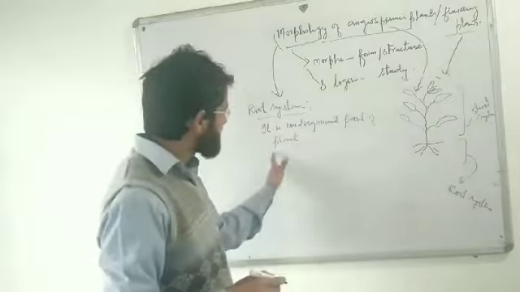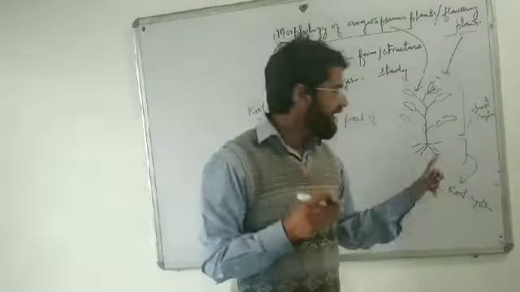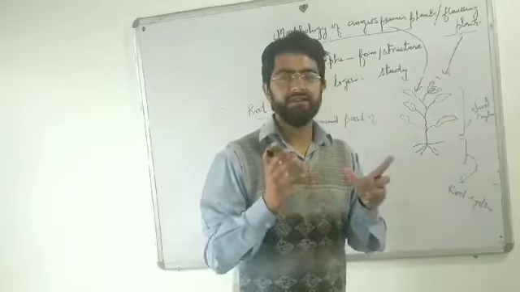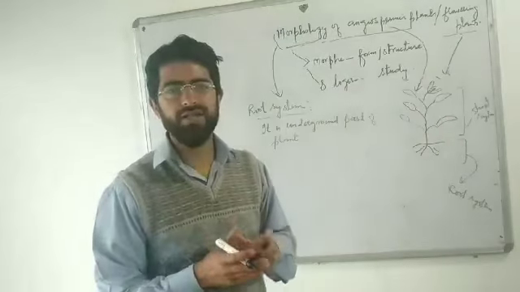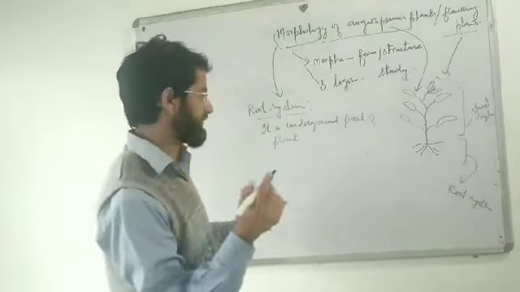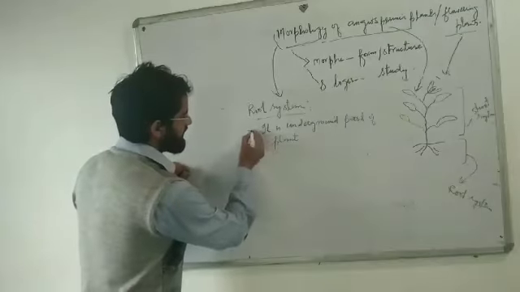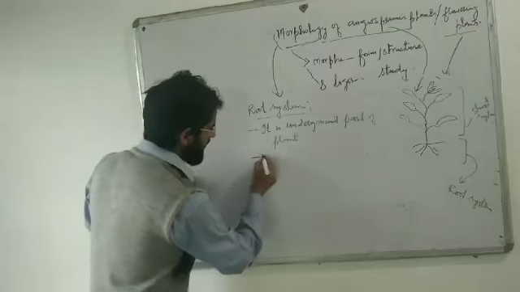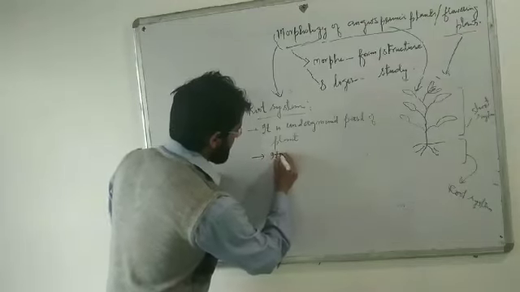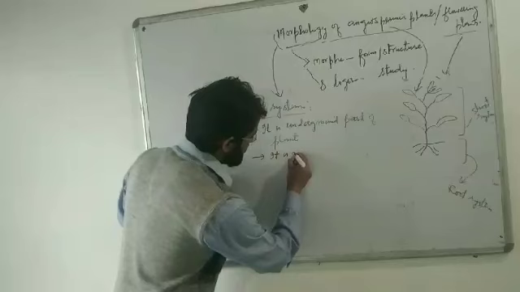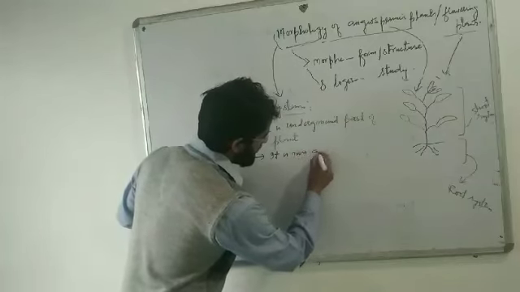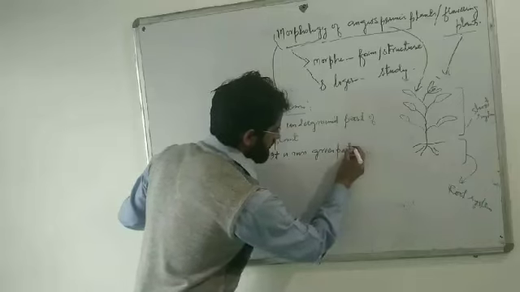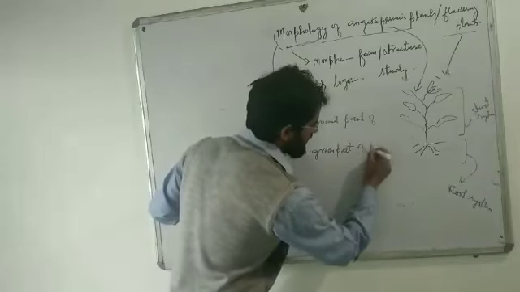The second character of it is that it is non-green. It is not green as there is low content of chloroplast as well as chlorophyll. That means it is a non-green part of the plant.